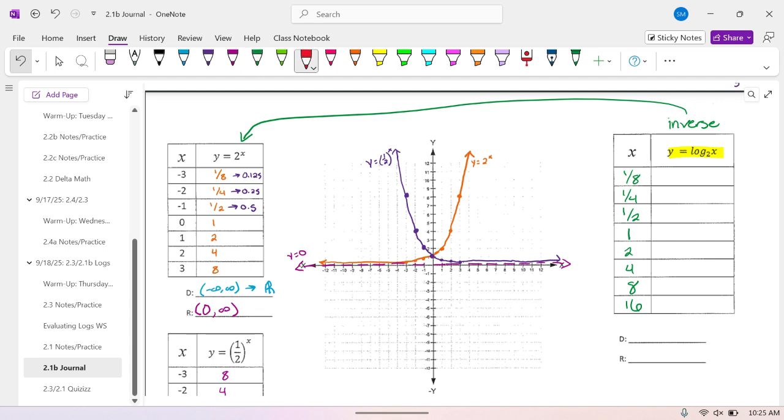So our y values will now be the x values of 2 to the x power. So this will be -3, -2, -1, 0, 1, 2, 3, and this one will be 4.